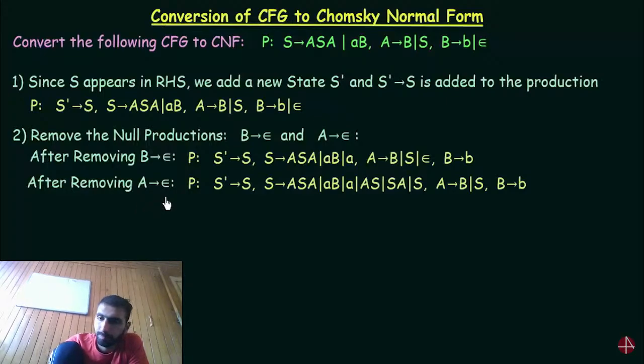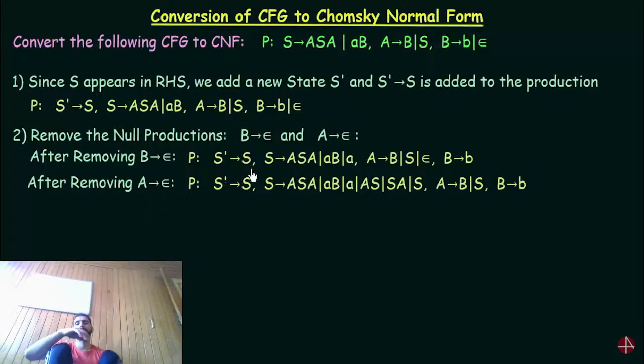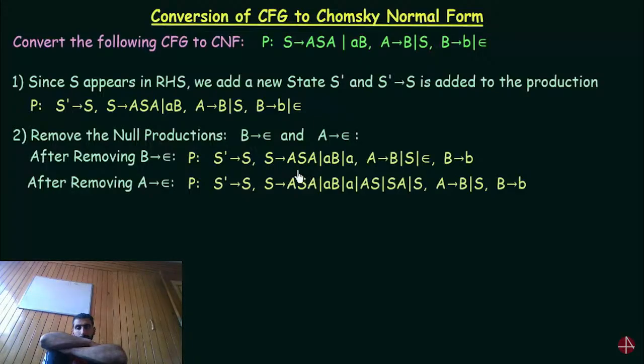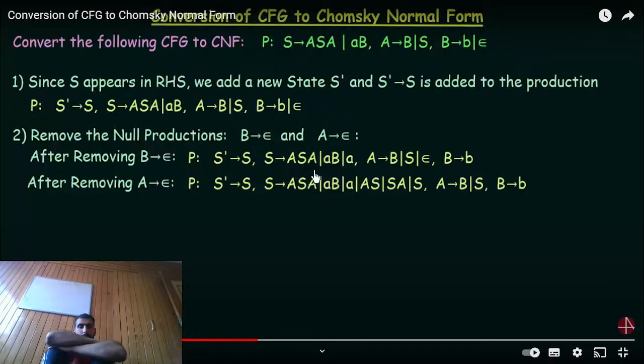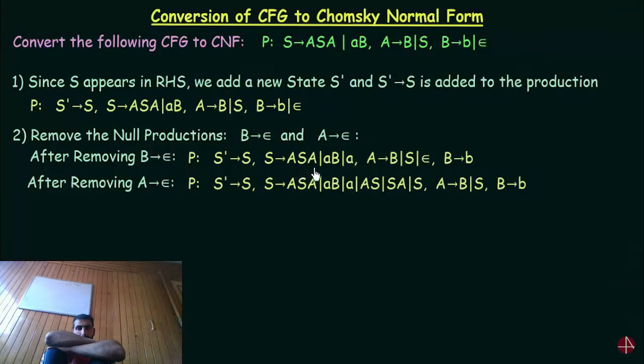So we have to remove A gives epsilon, following the same procedure. Wherever you find A in the RHS, you replace it and create new productions without that A. S gives S, there is no A here, so we write it as it is. S gives ASA has two A's. I first write all these as they are: ASA, AB and A. Now from ASA, if I remove the last A, I get AS.